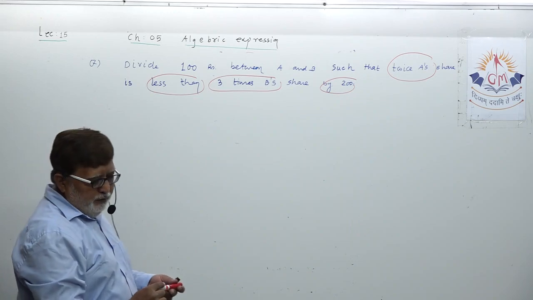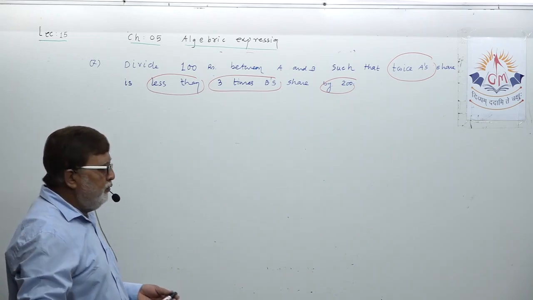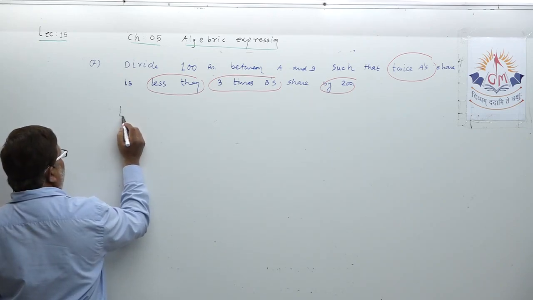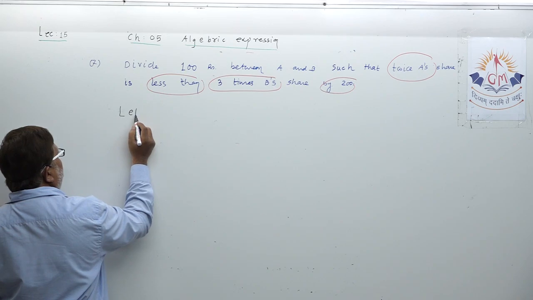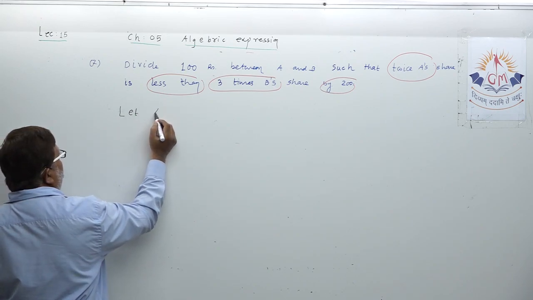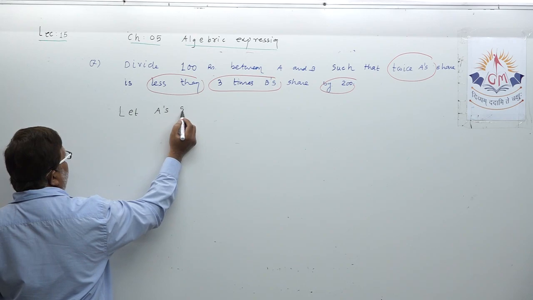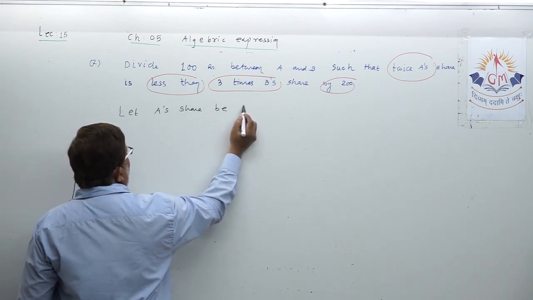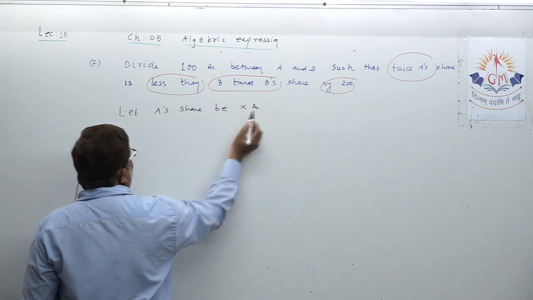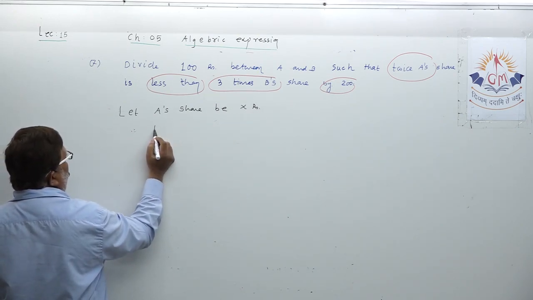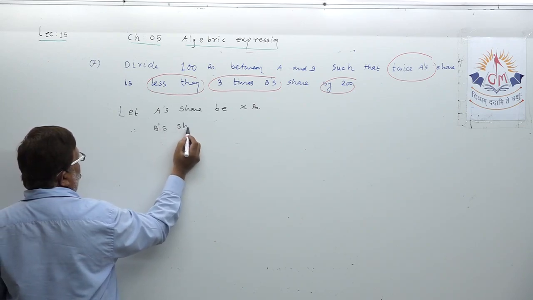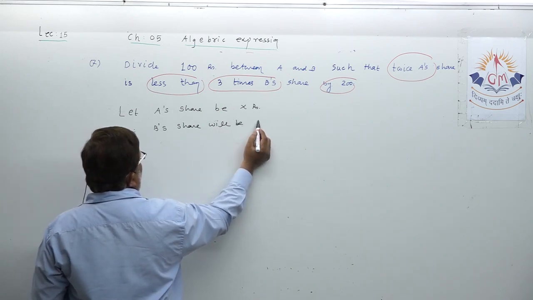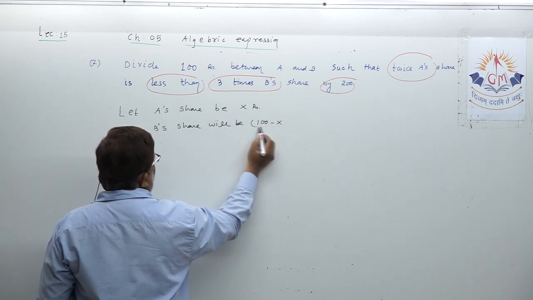Okay. So first, dear student, a simple supposition. You have to divide how many rupees between A and B? 100. Let A's share be X rupees. Therefore, B's share will be obviously 100 minus X rupees.